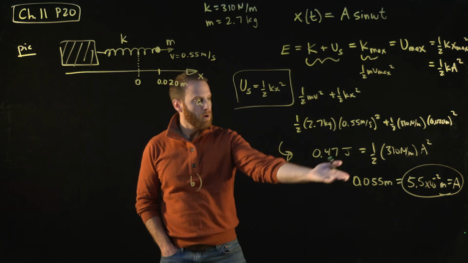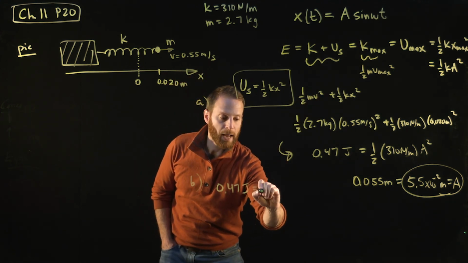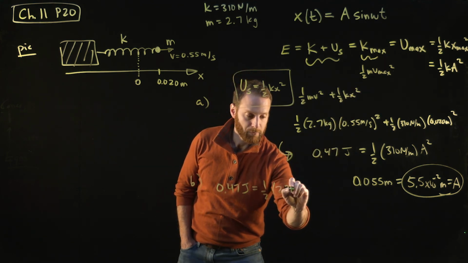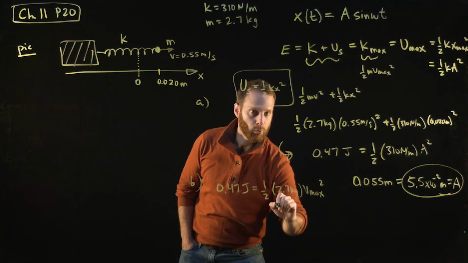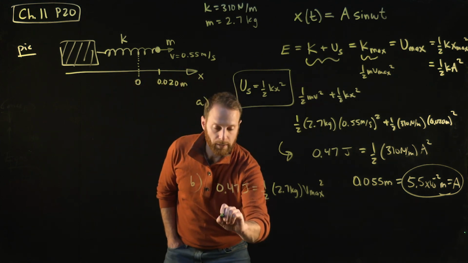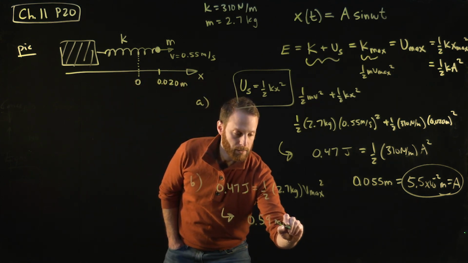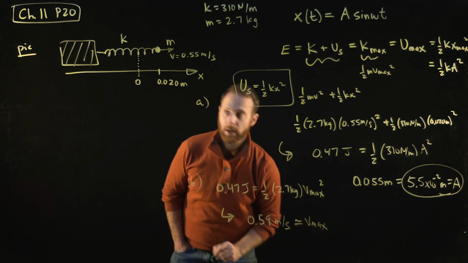The total energy we've already calculated, thankfully, 0.47 joules, is equal to 1/2 times the mass, 2.7 kilograms, times the maximum speed squared. With a little more algebra and taking a square root, you should find that 0.59 meters per second is the maximum speed.